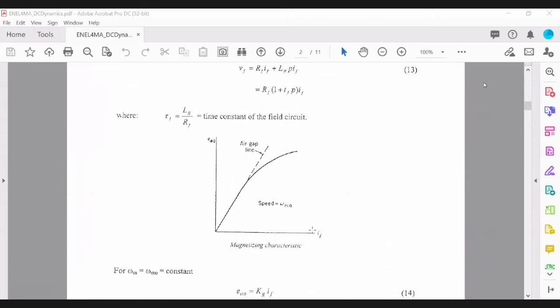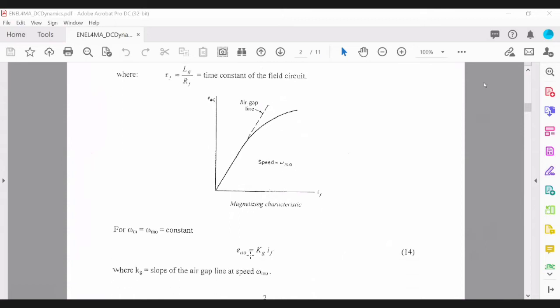So this is showing you the magnetizing characteristic of the generator. So EA naught versus IF, the field current, and this is showing you the saturation curve, and this is showing you the air gap line.